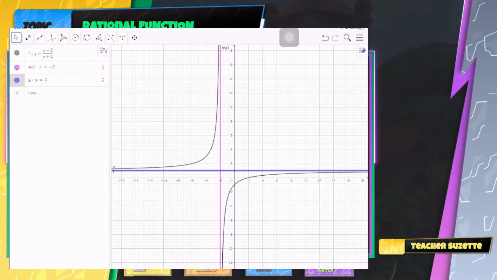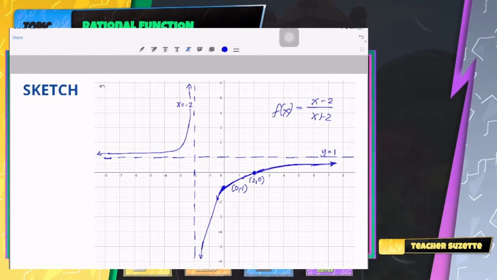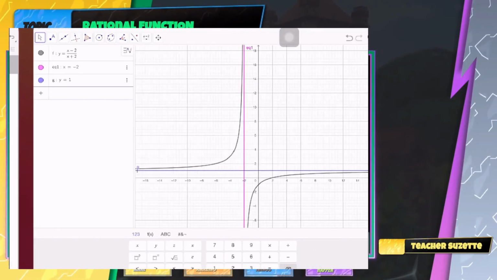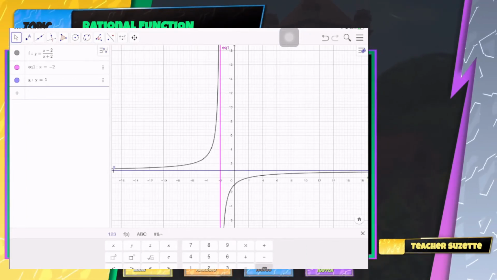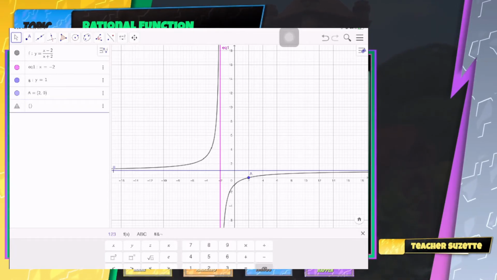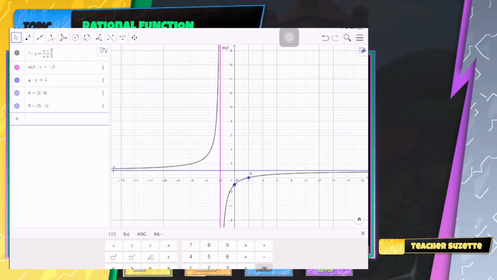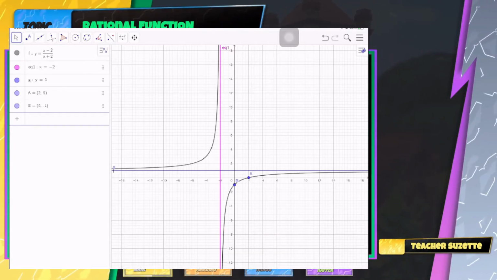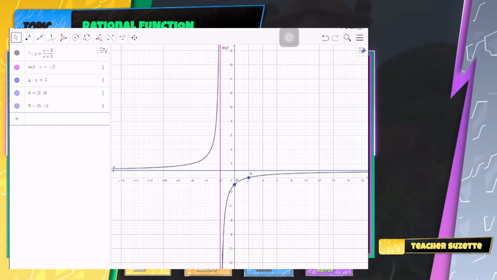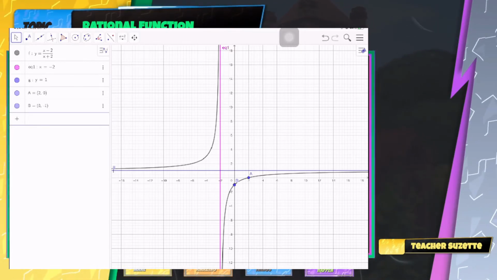Okay. Then we have the points from earlier: 0, negative 1, and 2, 0. Let's see if they are on the graph. 2, 0, and 0, negative 1. Let's check our graph for y is equal to x minus 2 over x plus 2.